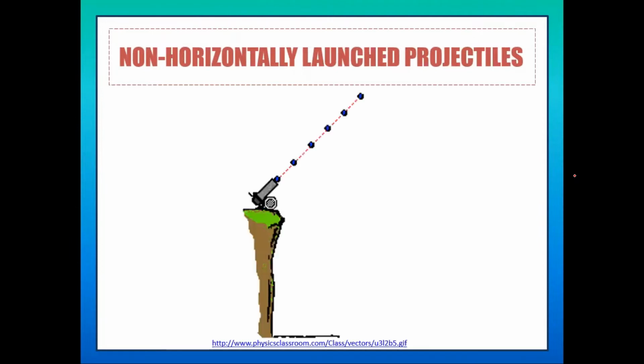Now, let's have this scenario. In order for us to understand non-horizontally launched projectiles, wherein a cannon is aimed upward and shot at an angle to the horizontal at this very high clip, let's imagine that gravity is turned off.